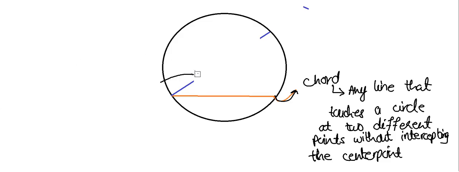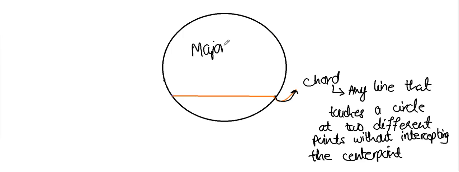Okay, I don't want to erase that. So, okay. Now, we have something else. This chord that we have here in front of us has divided the circle into two segments. Okay?